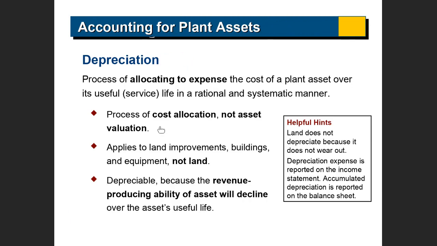Now we come to depreciation. Depreciation is a process of cost allocation and not asset valuation.